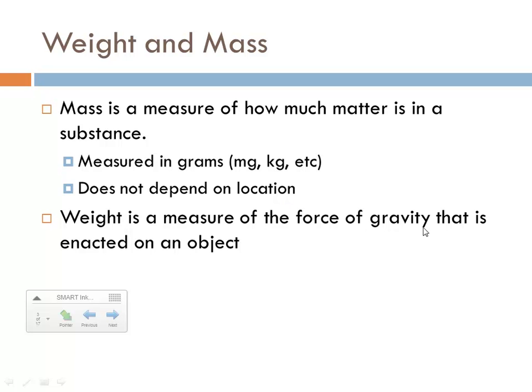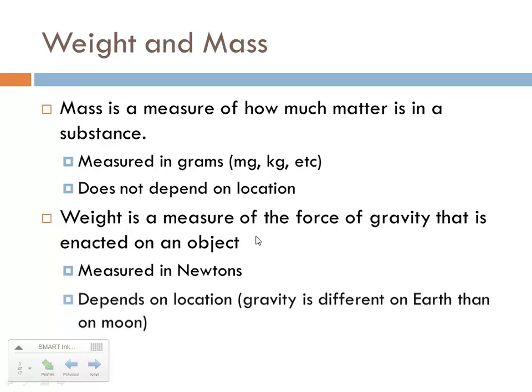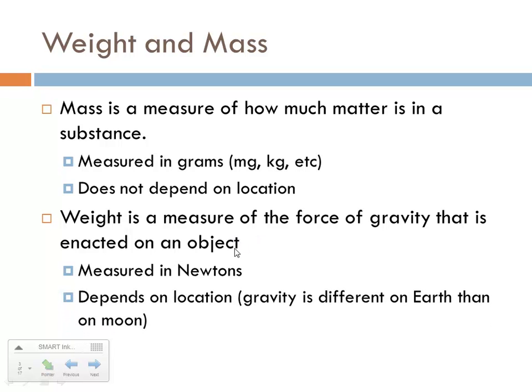And the gravity part here is the difference. Weight's a force, so it's measured in newtons. And it depends on where you are. Gravity is different on Earth than it is on the moon, than it is on the sun, on Jupiter. Even on the planet Earth, we have spots where the gravity pulls a little bit differently.